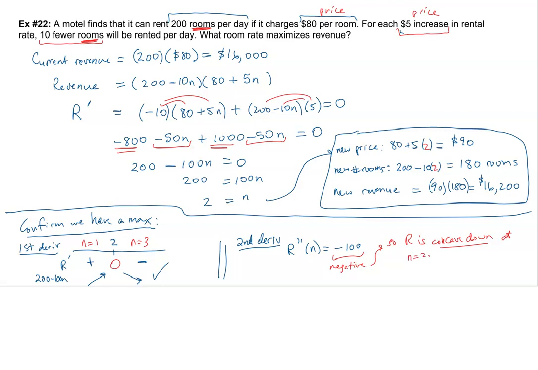So let's think about what that picture means. We've got a function where at n equals 2, we've got a first derivative equal to 0. So we've got that horizontal tangent. And then in combination with that, we need a concave down function. So in order to be concave down and have that 0 tangent, we're going to look something like this little bit of graph here. And that says that we have a max.